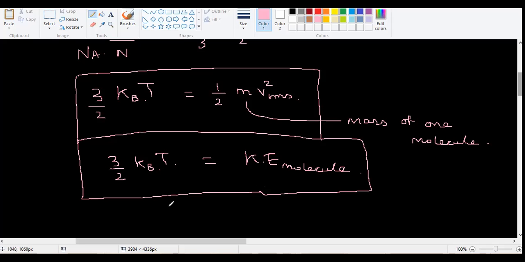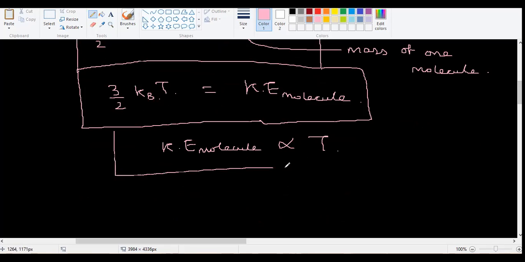Okay, so as you can see, kinetic energy of a molecule is proportional to the temperature. So that's what we are trying to prove here. Kinetic energy of a molecule is proportional to the absolute temperature. So again, the same story.